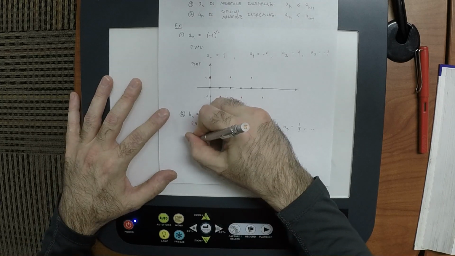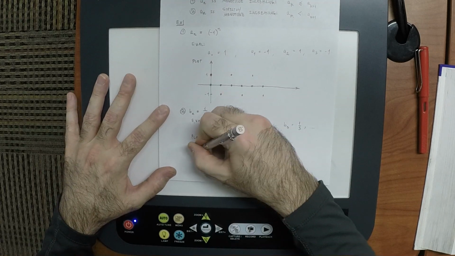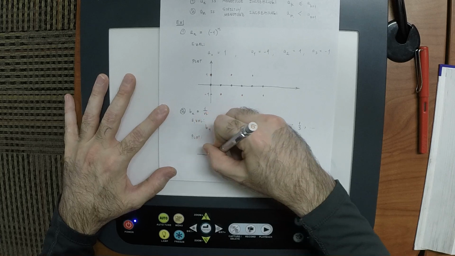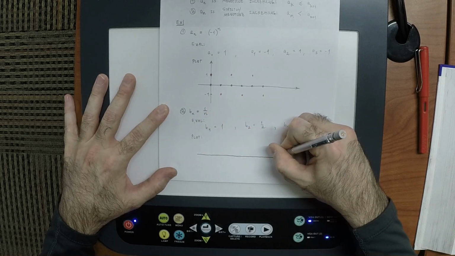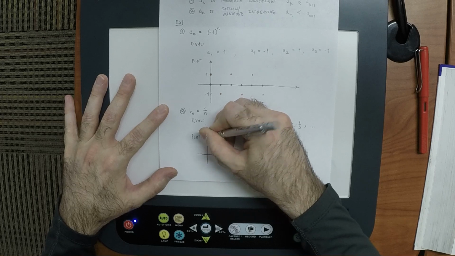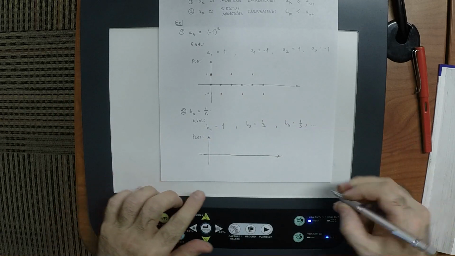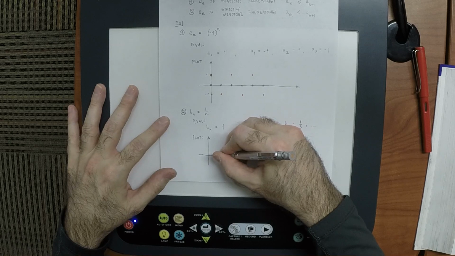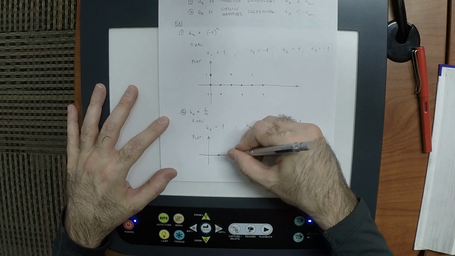And then if we plot that, the first place where there will be anything is at 1, right? There's nothing at 0.